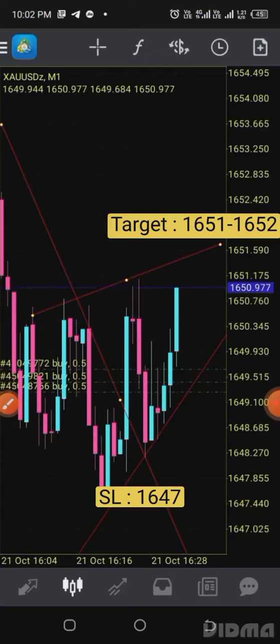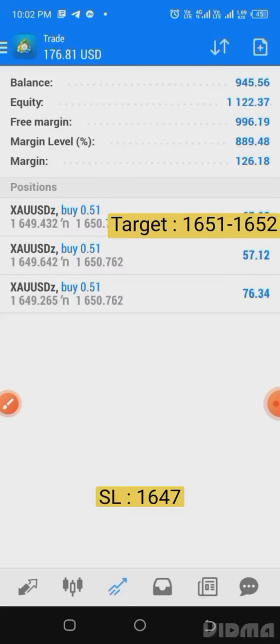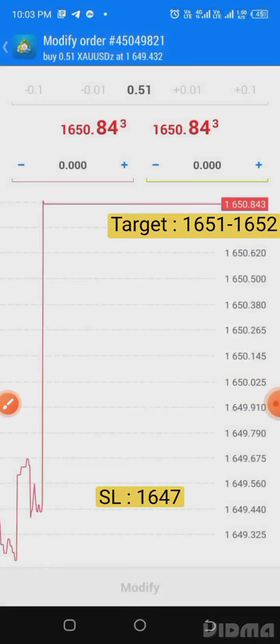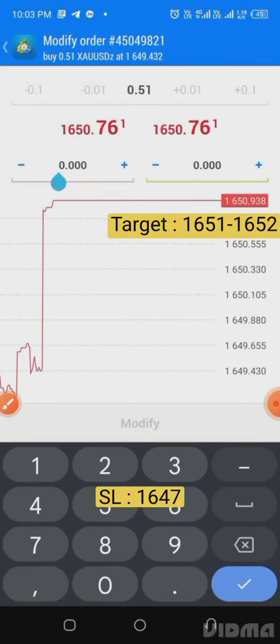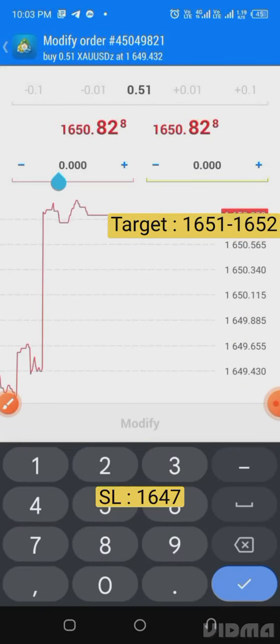That is 1650. If it goes above 1651, we start trailing. You can check that. Now we start trailing once it goes above 1651.